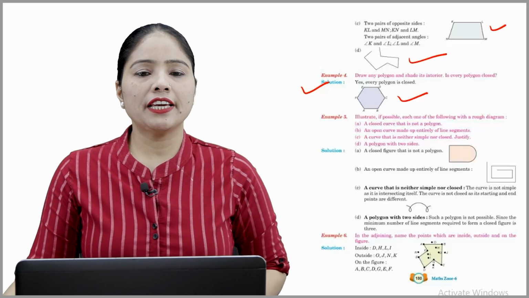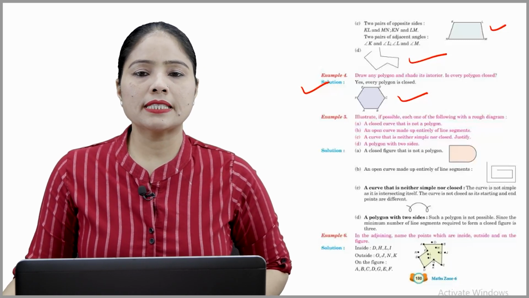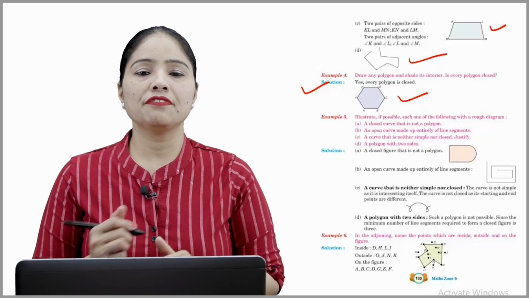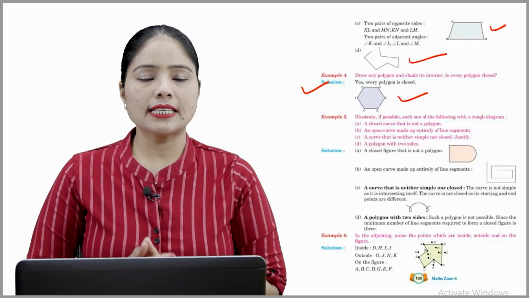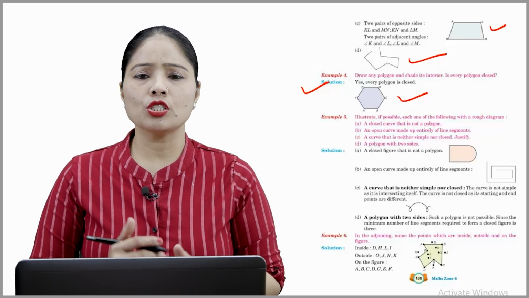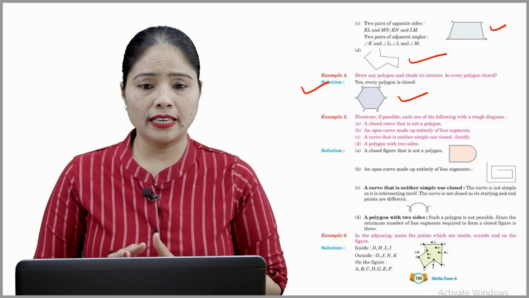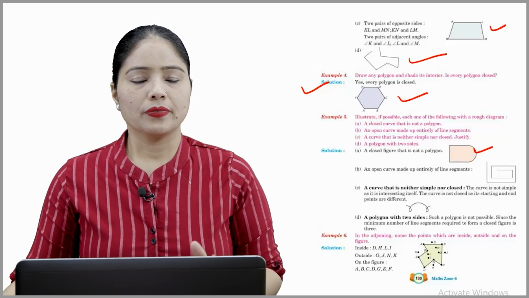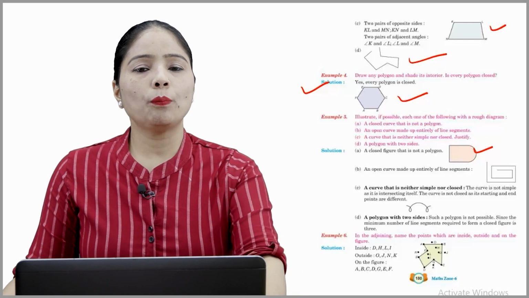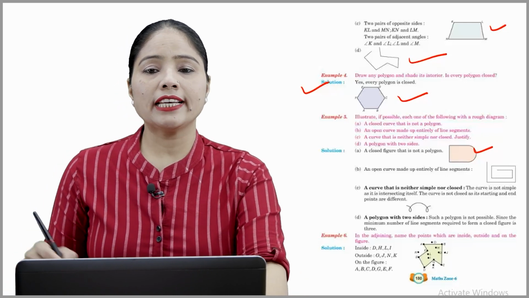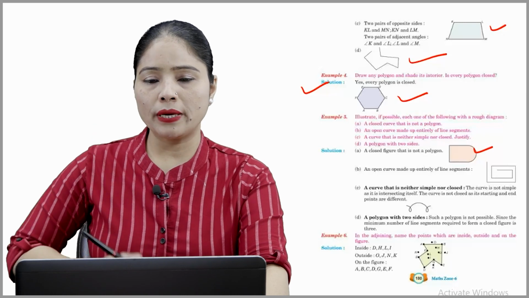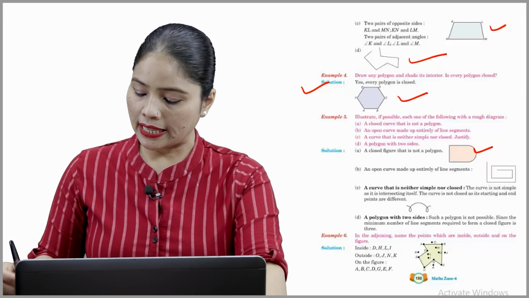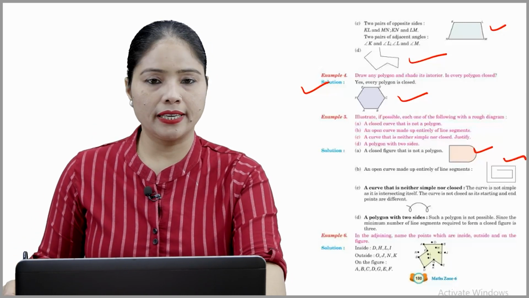Now example 5. Illustrate if possible each one of the following with a rough diagram. First one is a closed curve that is not a polygon. So how do we draw a closed figure that is not a polygon? Like this way. B part, an open curve made up entirely of line segments. One that is open and also made of line segments, we will just draw this way.